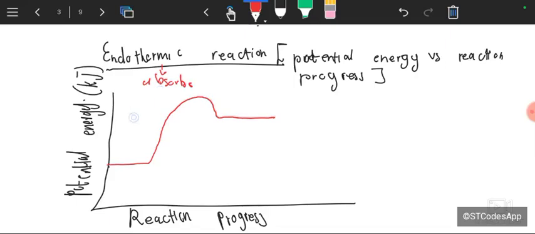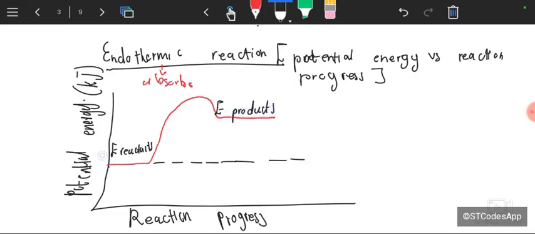But check one thing here. Do you see this part over here? You must know that this part is called the energy of the reactants, because at the start of the reaction you have reactants. Then you absorb the energy to form the energy of the product.